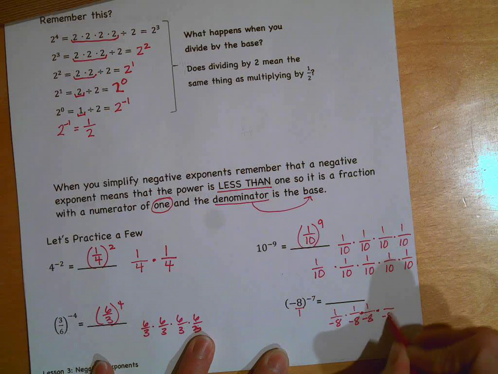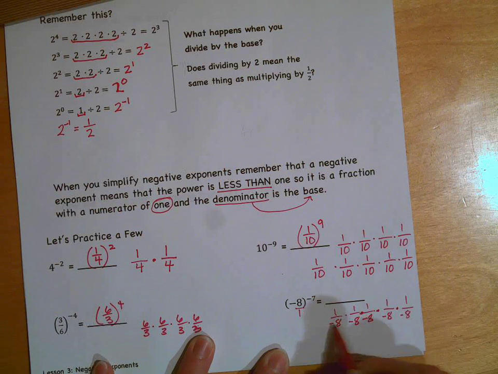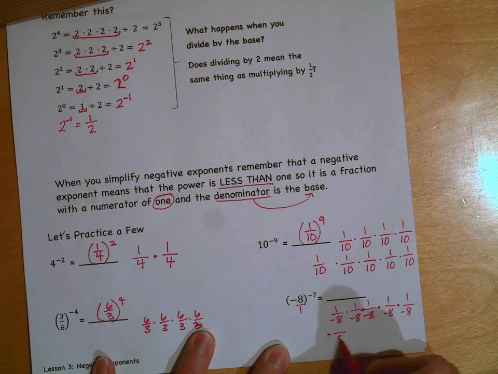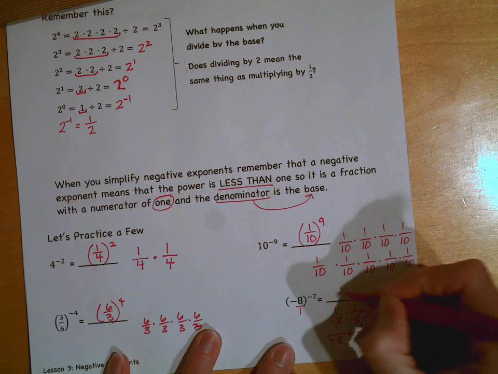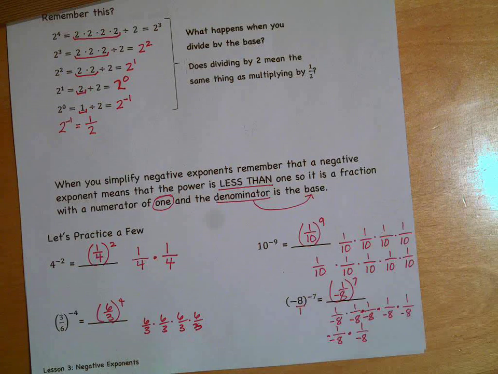This is a negative. Sorry, there's a lot going on there. Negative 8, that's a 1. Negative 8, and that's a 1. 1, 2, 3, 4, 5, 6, 7. Okay, and so our answer for this one would be negative 1/8 to the 7th power.